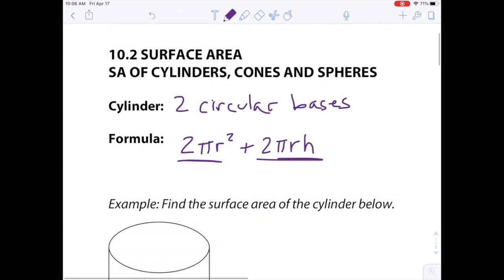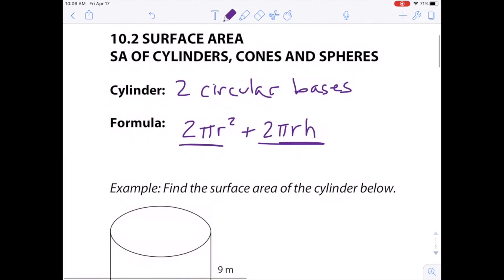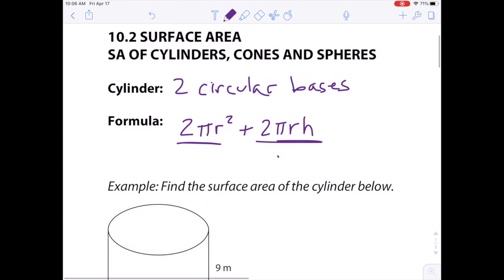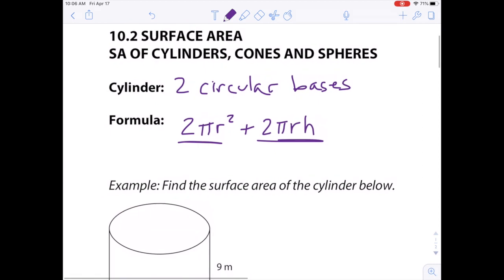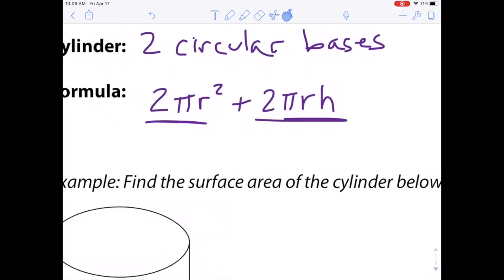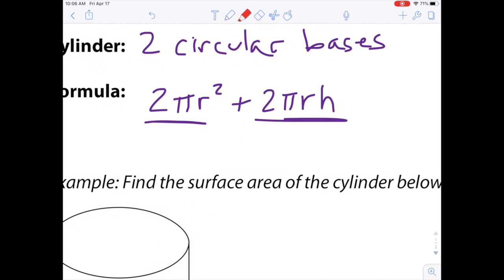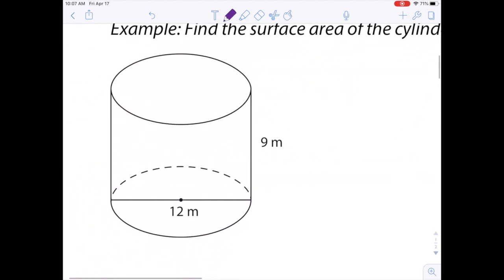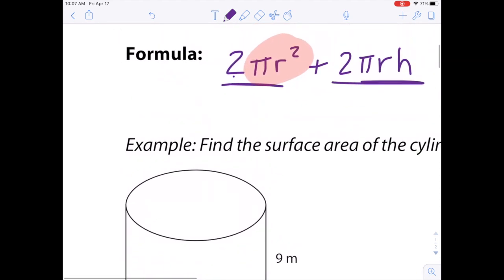So this 2 pi r squared hopefully looks familiar. The pi r squared is the area of a circle. And then the 2, because there are two circles: the top circle and the bottom circle. So the 2 pi r squared comes from the two circles.